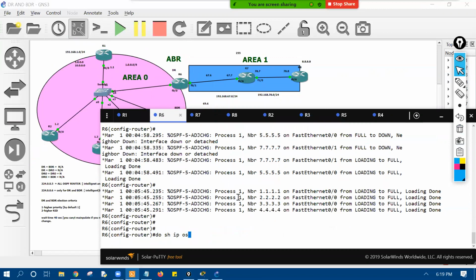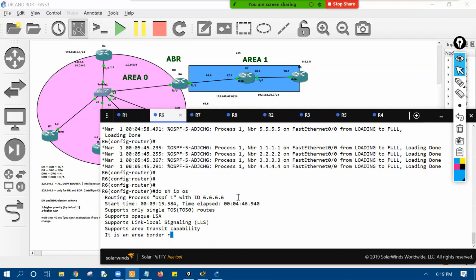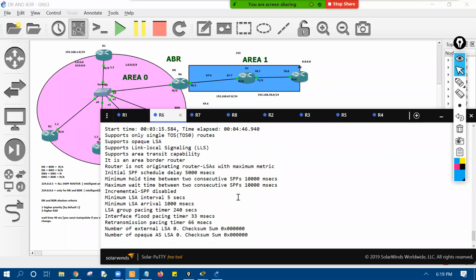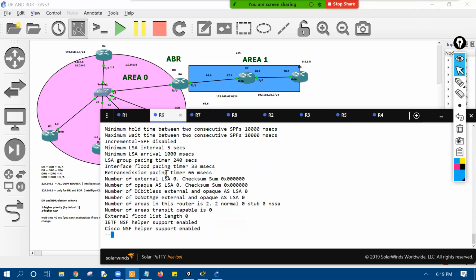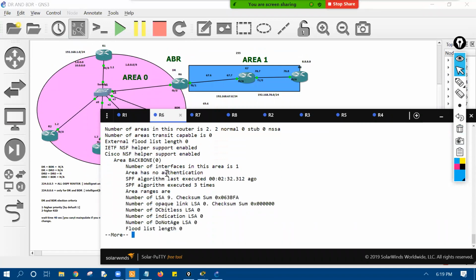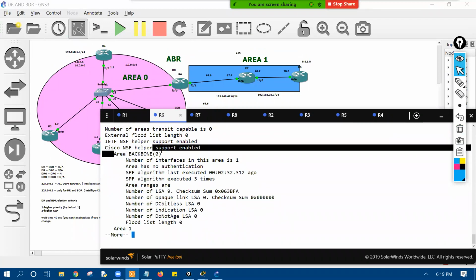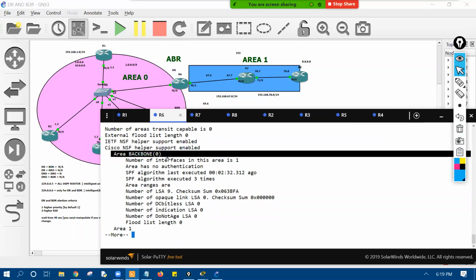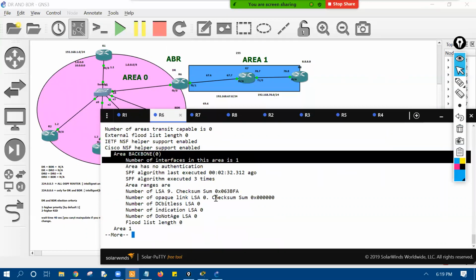do show IP OSPF. R6 is the ABR router. And on R6, how many areas are connected? How many interfaces are there? And then area 1.